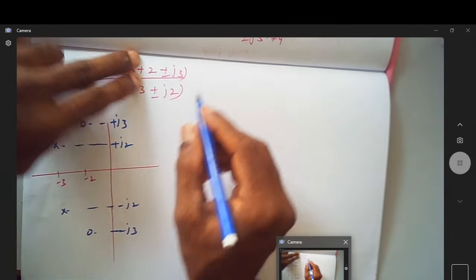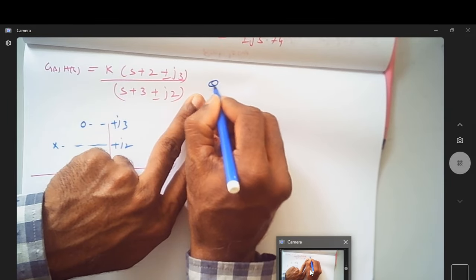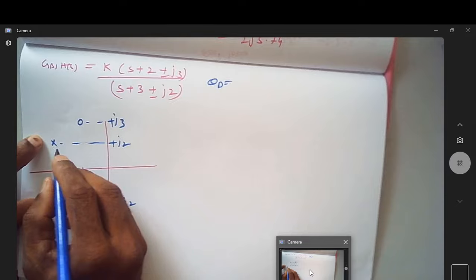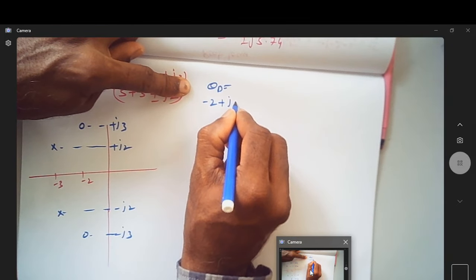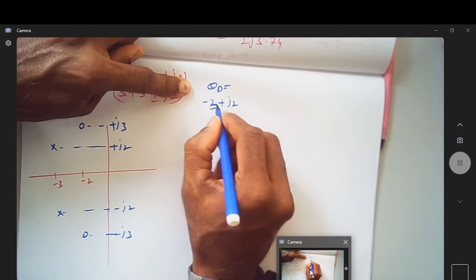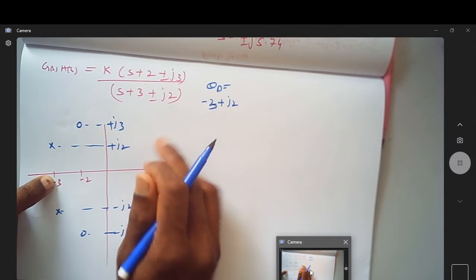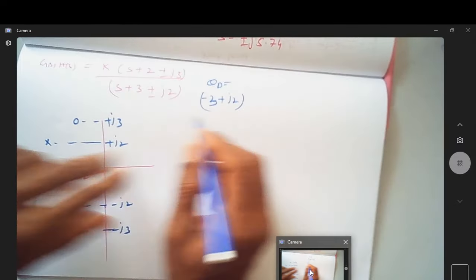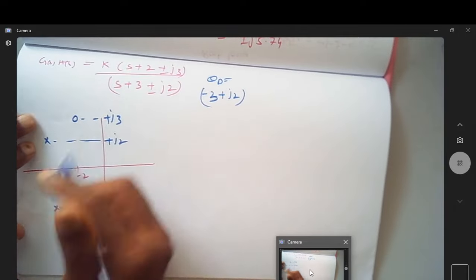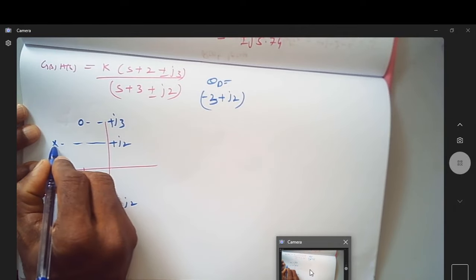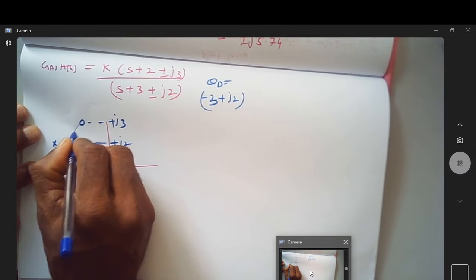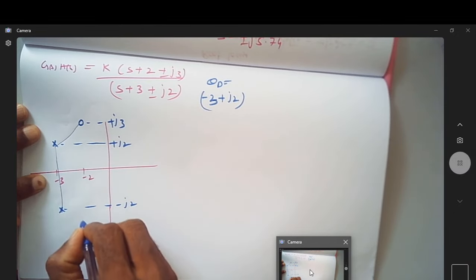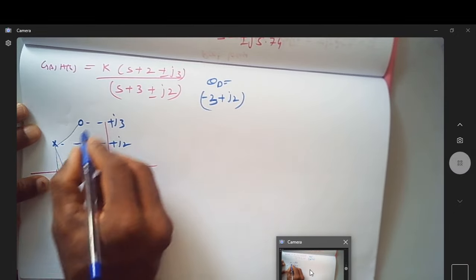Now let us find the angle of departure for this pole, which is at minus 3 plus j2. For that, let me join all poles and zeros to this one. So this is one angle, this is the other one, and this is the third one. I am just approximately writing.